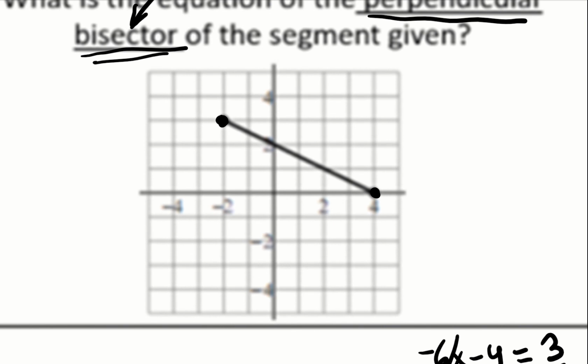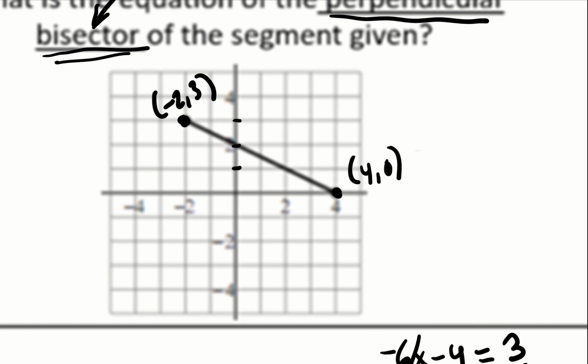So this point on the left is given by negative 2 and 3. That's because this is going 1, 2, 3. That's 3. So negative 2, 3. And this coordinate here is 4, 0. So now let's find the midpoint of these two coordinates here. So remember, to find the midpoint, you have to average the x and the y's together.